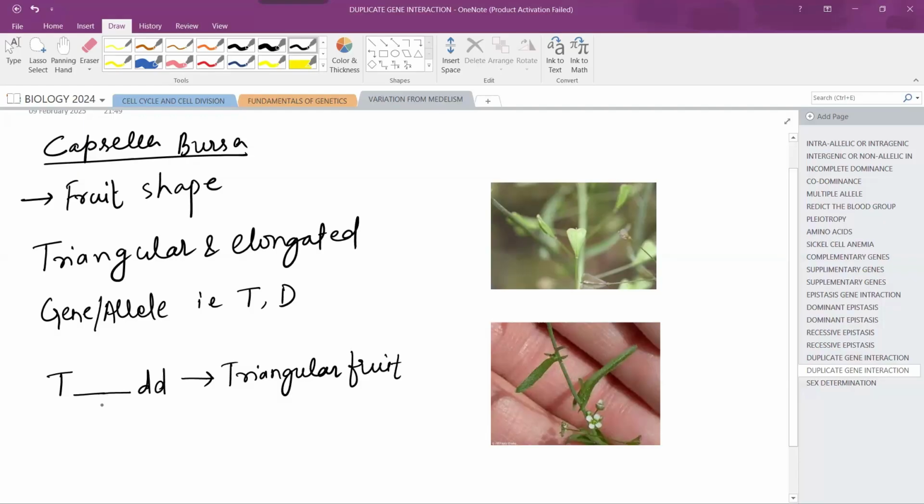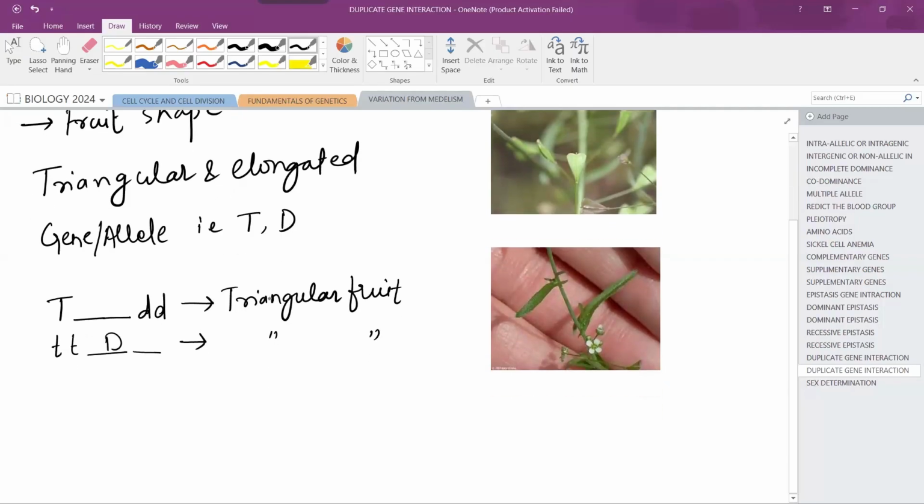And if there is small t with capital D, with either a small or capital d, you will again get a triangular fruit, because D is also responsible for the triangular shape of the fruit in Capsella bursa.